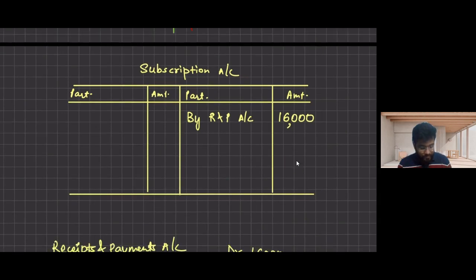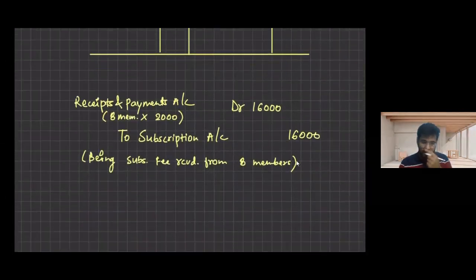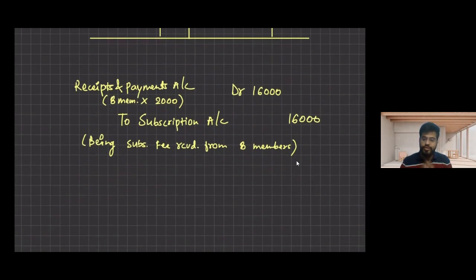Now what will happen? Sir, as the owner of the gym, I know that I have not 8 members, but I have 10 members in my gym. So I will transfer that income of 10 members to my income and expenditure account from my subscription account. So subscription account debited.